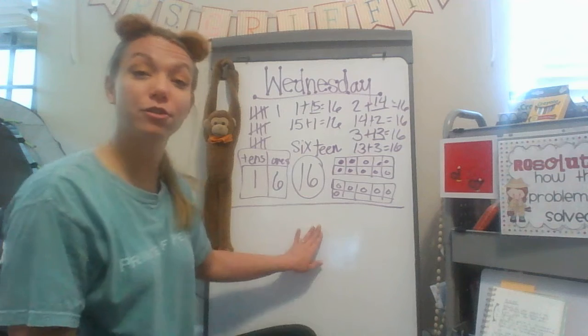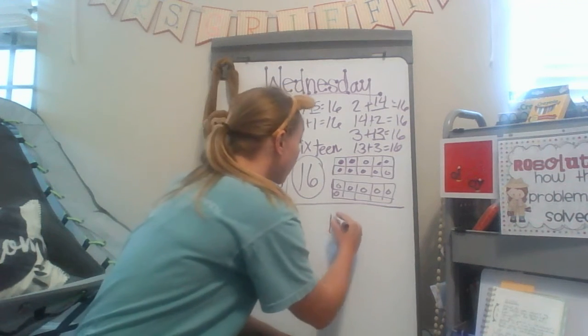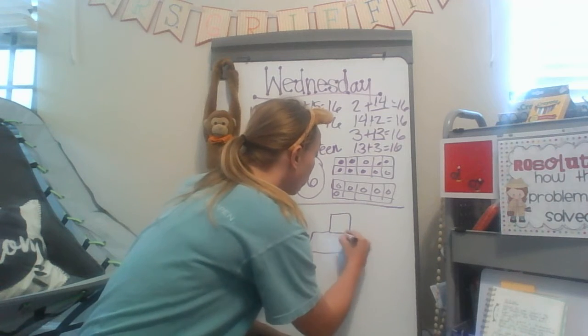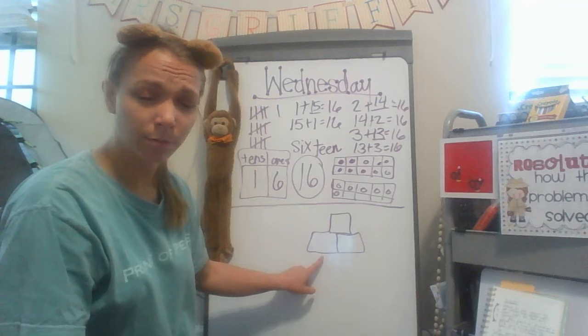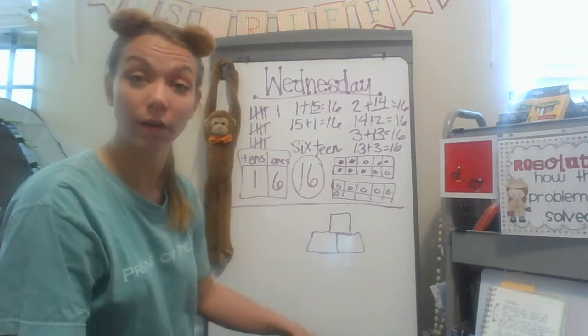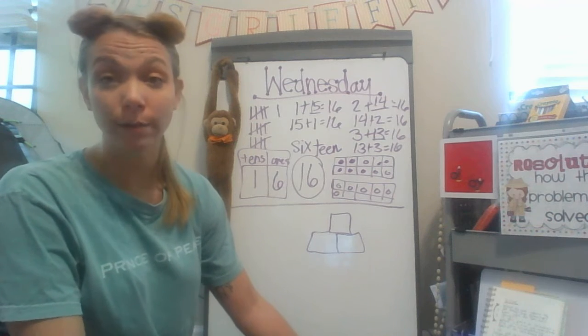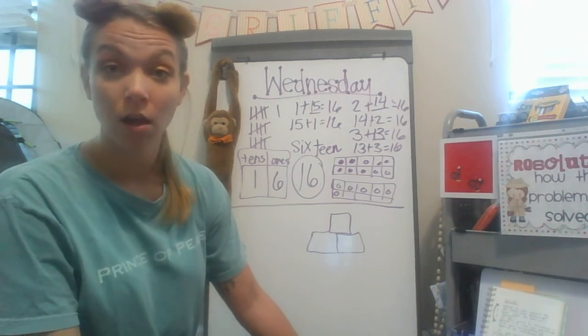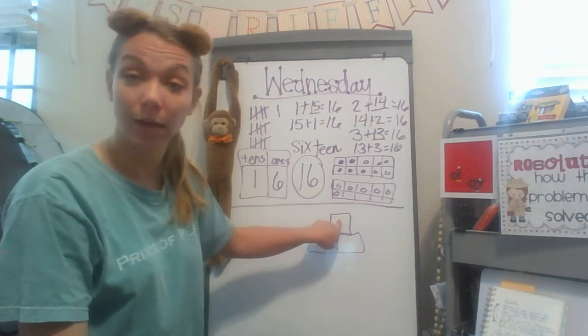Now, I challenged you to start using your part whole. Now, if I'm drawing my part whole, where am I going to put 16? Is it going to be on the bottom, or is it the whole number on the top? Now, we did this a long time ago, so you should remember that the biggest number always goes in the top piece.